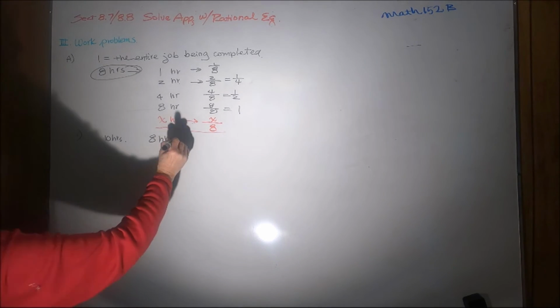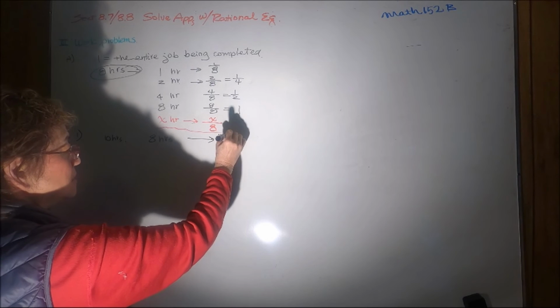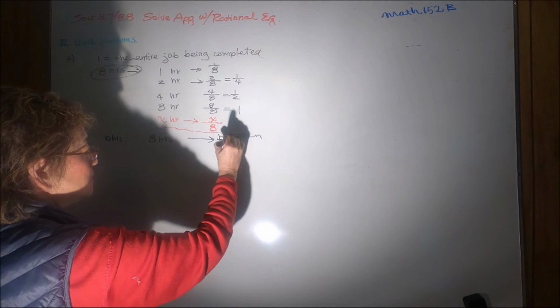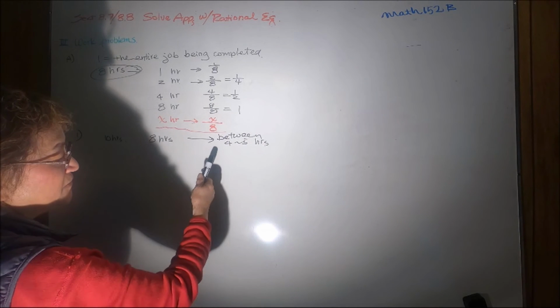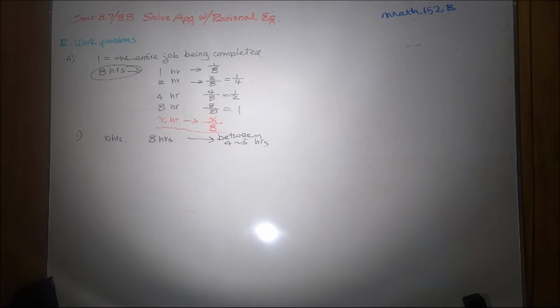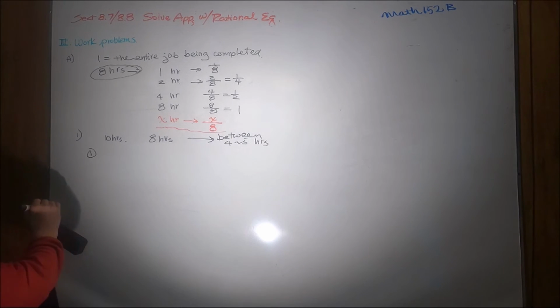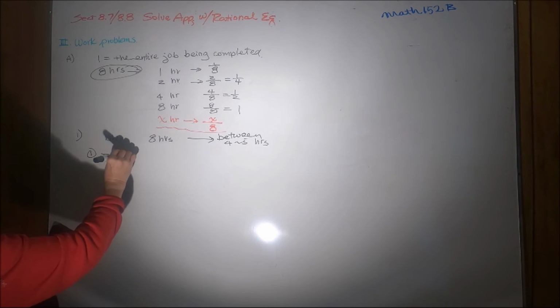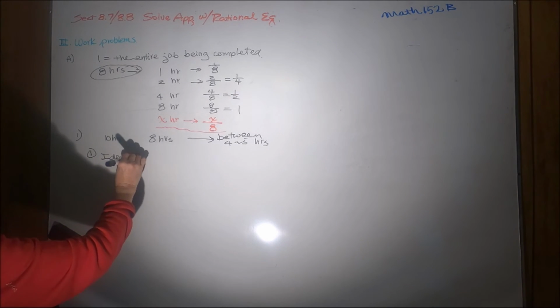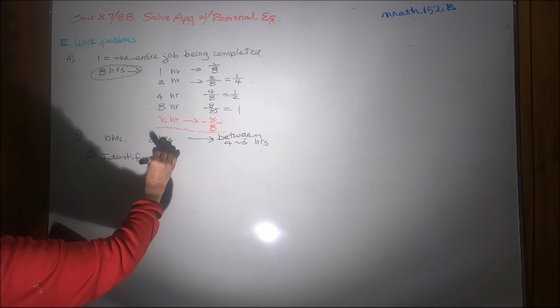So the answer would be between 4 to 5 hours, right? Maybe 4.5, around somewhere there, less than 4.5 hours, right? So that's how you look at it. First, as usual, you identify things needed.